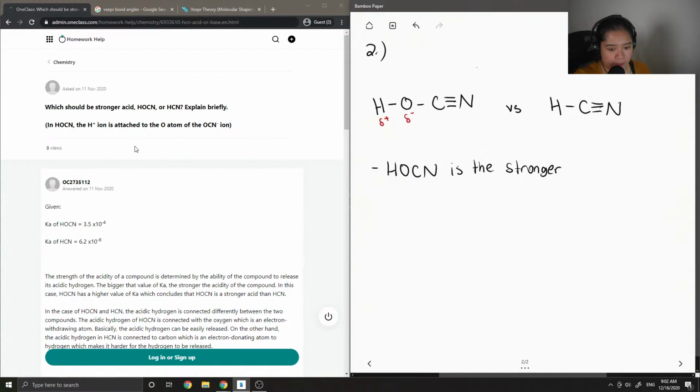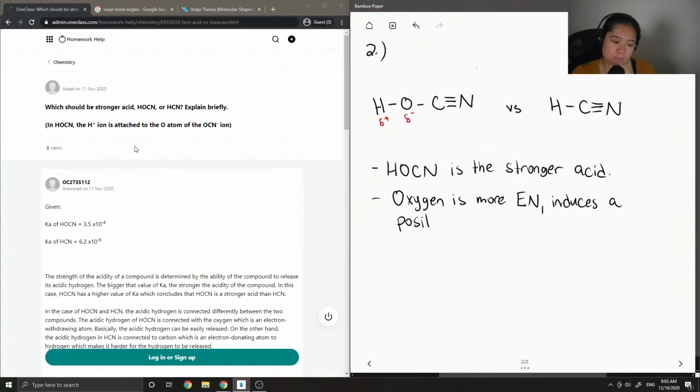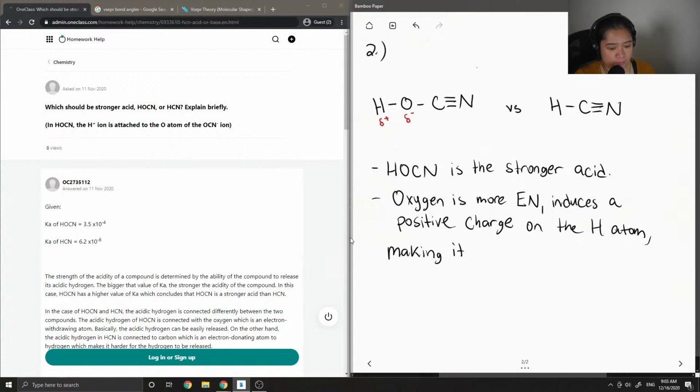So I'm just going to write down my explanation. Because oxygen is more electronegative, this induces a positive charge on the H atom, making it more readily removed when placed in water.